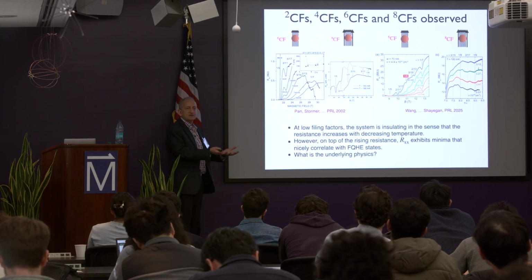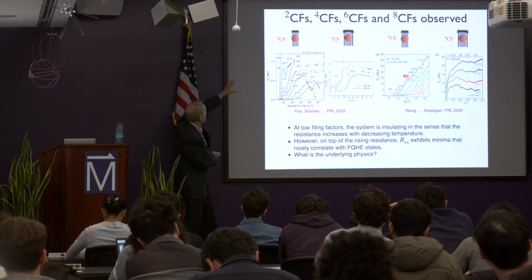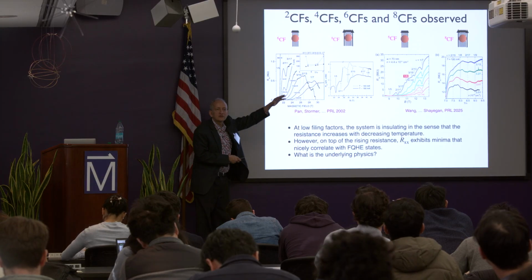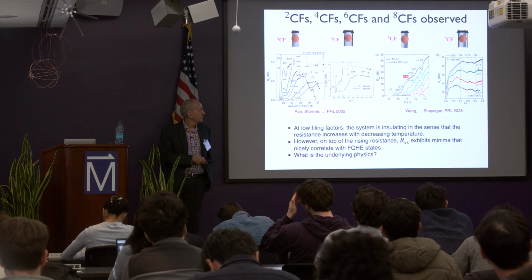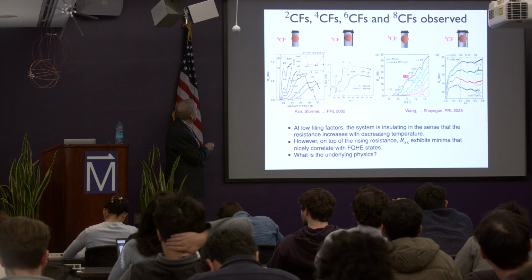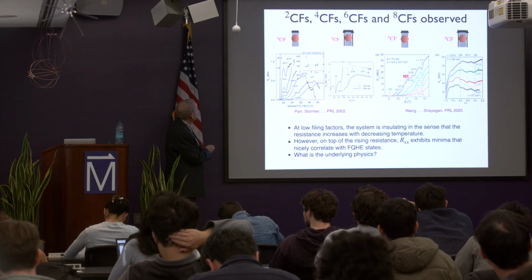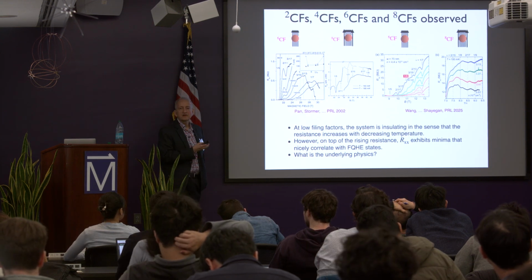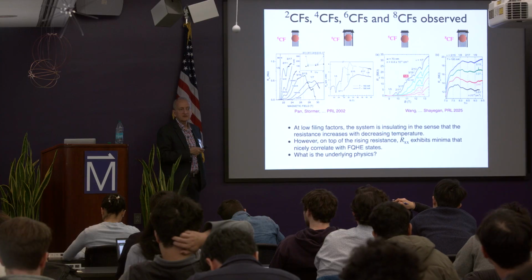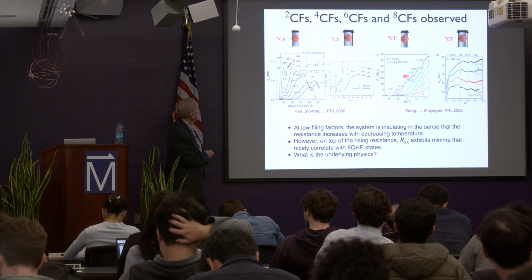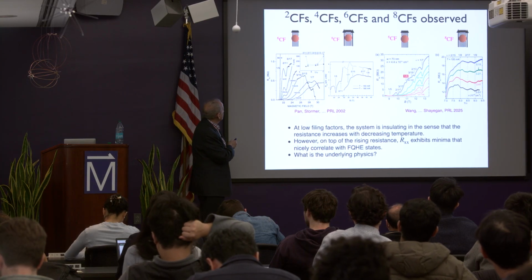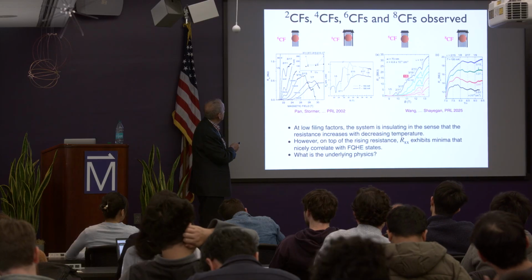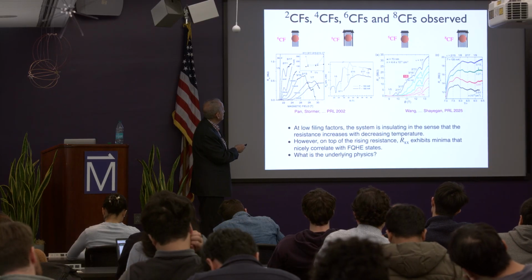So you increase temperature and you pull the resistance down into the region where it may be measured. Once you get there, you find that there are these minima, which very nicely correlate with fractions that we expect in fractional Hall. In fact, the minima are seen in the vicinity of 1/7 to 1/9.